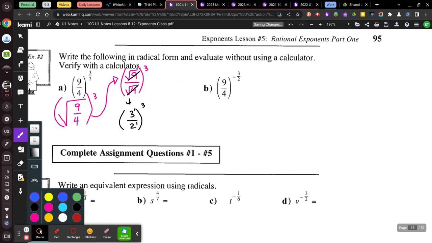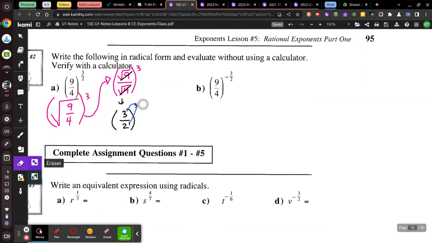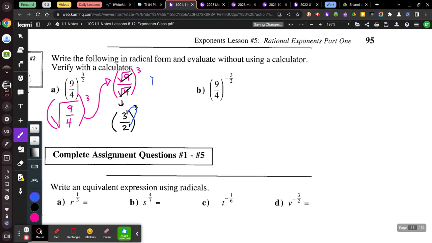So this multiplies into there and to there. And so we end up with 3 cubed over 2 cubed, which we evaluate and solve to be 27 over 8. Final answer.